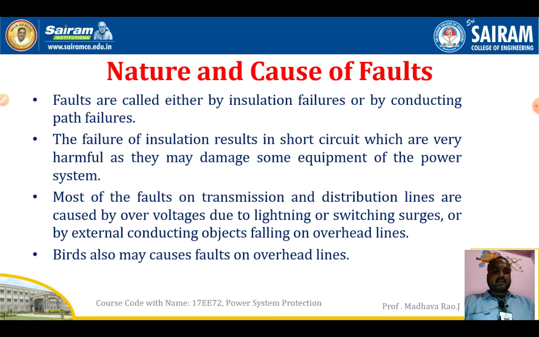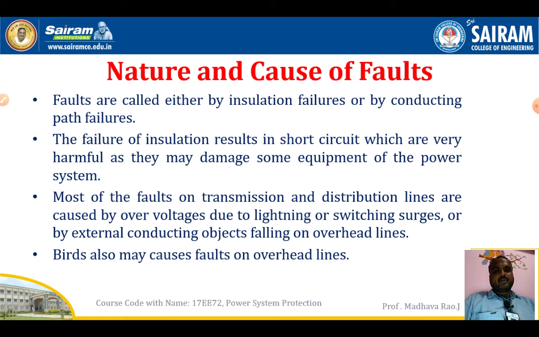Fault means failure. Suppose insulation fails, it may lead to a short circuit, and heavy current flows through that system. It will be harmful to the equipment, and the equipment will get damaged.